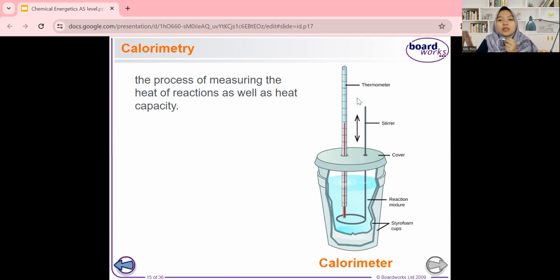You will need a thermometer, a stirrer, a cover, and this is the cup. We will use some substances. In this, we will have reaction mixtures, and then it is covered with styrofoam cups. Later, you can see this apparatus in our lab.